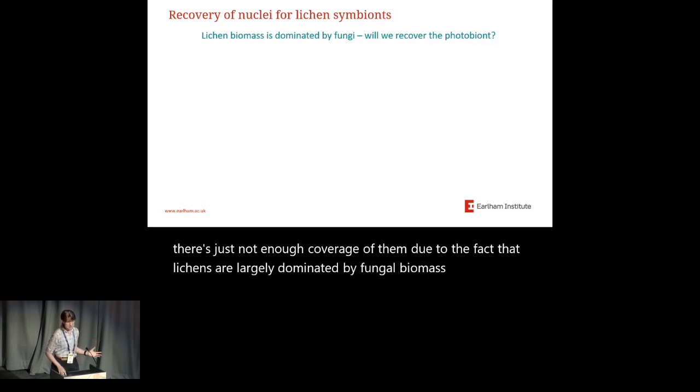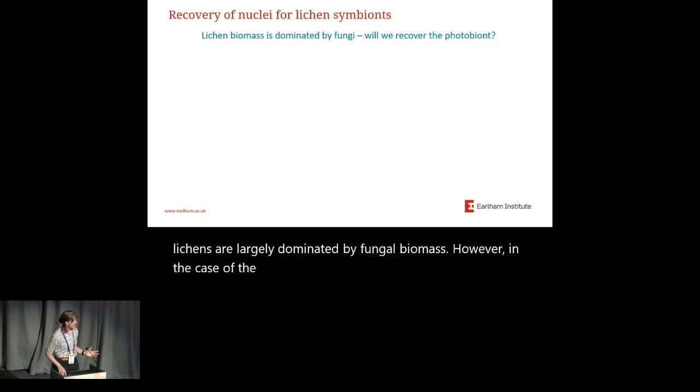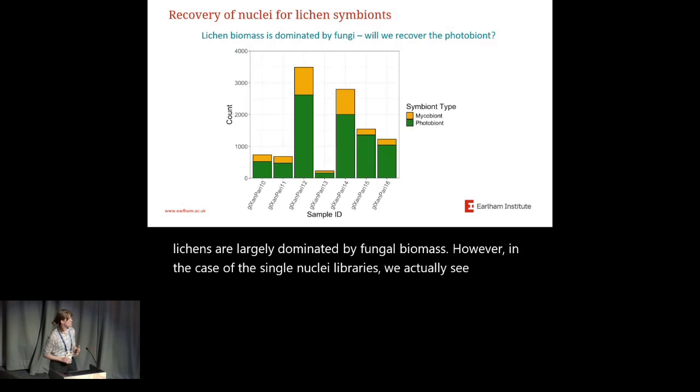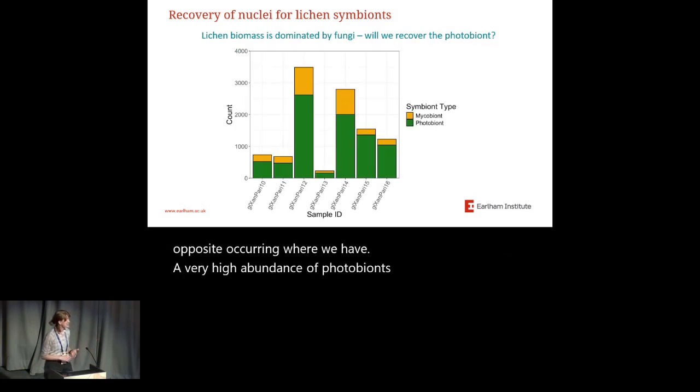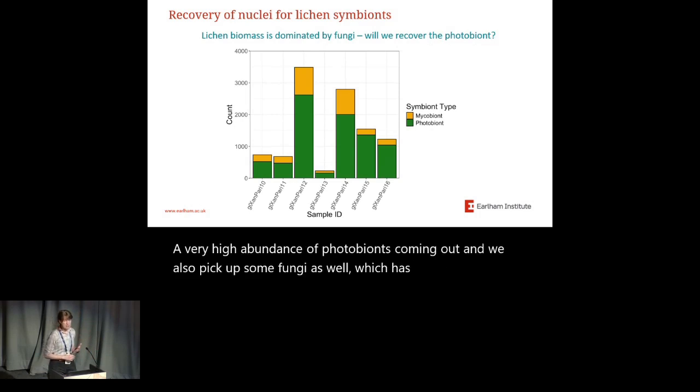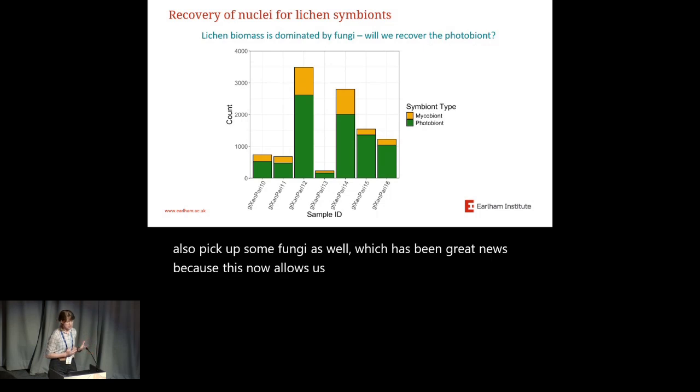However, in the single nuclei libraries, we see the opposite occurring, where we have a very high abundance of photobionts. We also pick up some fungi as well, which has been great news because this now allows us to explore both of these partners concurrently.